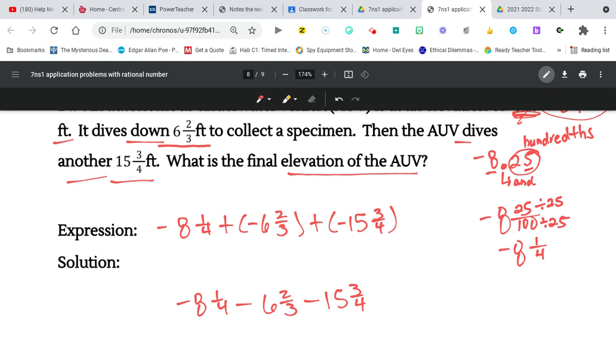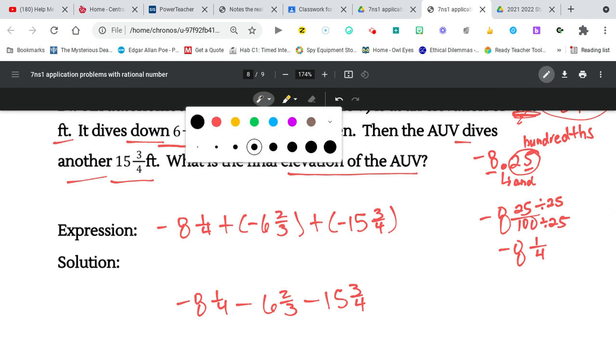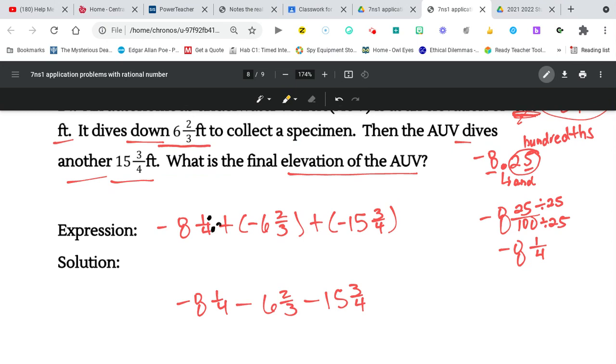All right. So all I'm going to do is find a common denominator between 4 and 3. The common denominator is 12. So I'm going to multiply 4 by 3 to get 12, so 1 by 3. That's going to be negative 8 and 3/12 plus, multiply both of these by 4, negative 6 and 8/12.